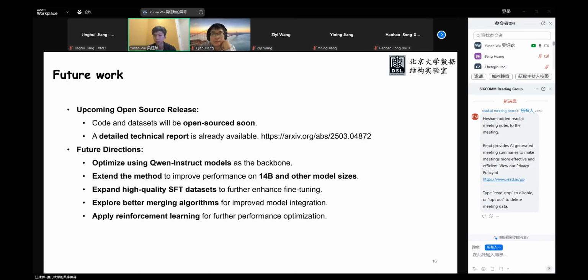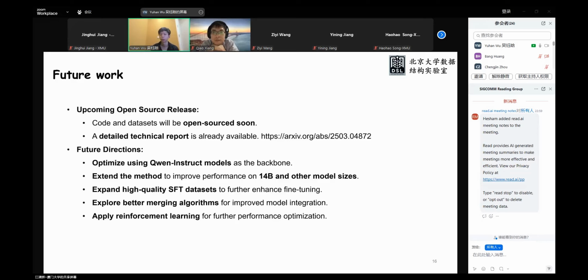First, we can use Qianwen instruct models as the backbone model. And second, you can apply our method to 14 billion size models and other model sizes to enhance scalability. Third, you can expand high quality supervised fine-tuning data, which plays a crucial role in boosting model performance.